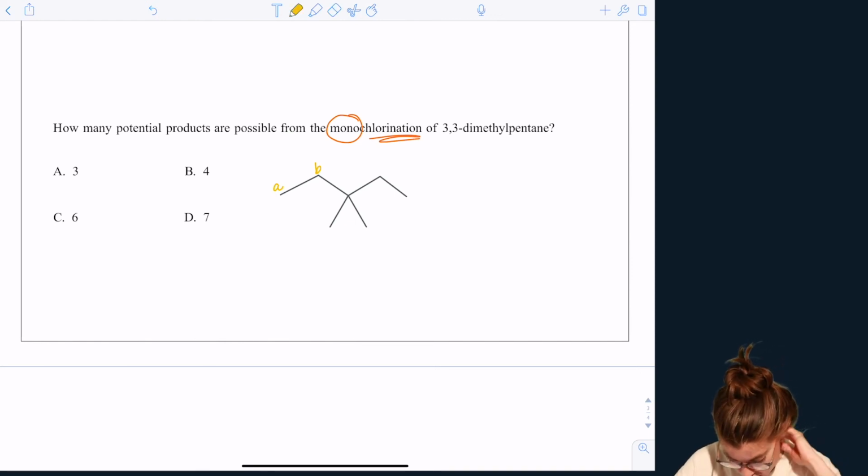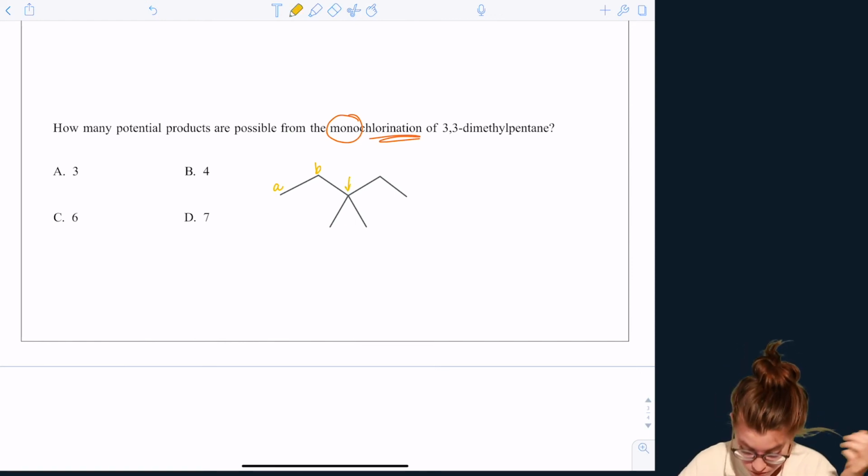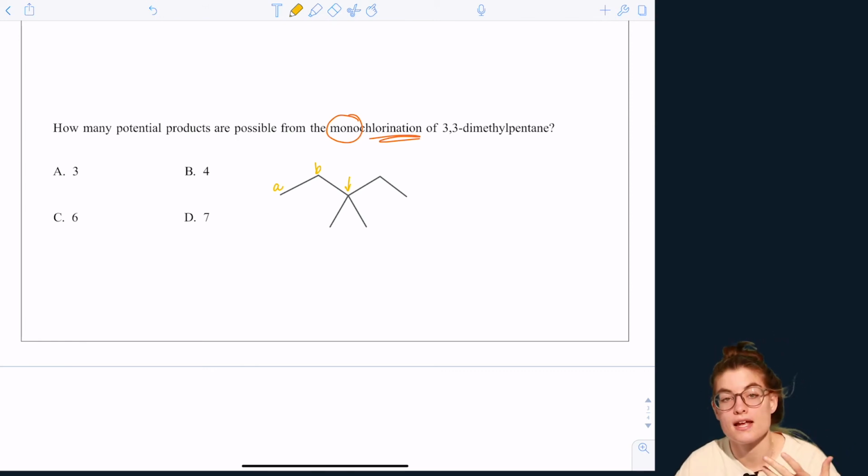So then what about this next carbon? Is it the same as A or the same as B, or is it a new carbon that is chemically distinct from the others? The answer is it is new.